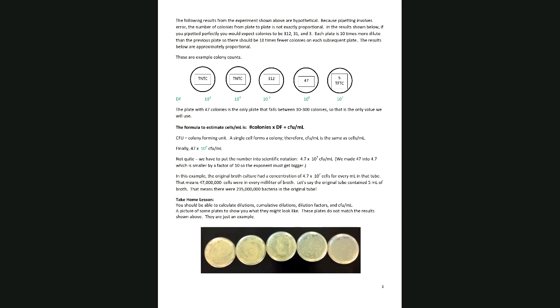The 10 to the 5 plate. What would you predict the number of colonies to be based on the 10 to the 6 plate? And yes, it's going to be more. How many times more? No, that was the estimate that I gave in the example. But I'm asking you, if you don't have any numbers except for 47, make some predictions. What are your estimates going to be?